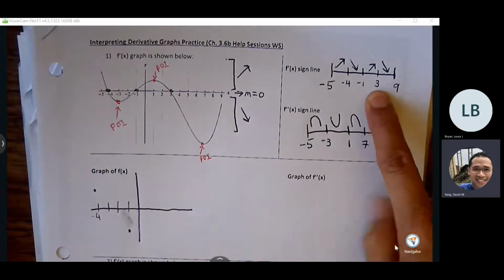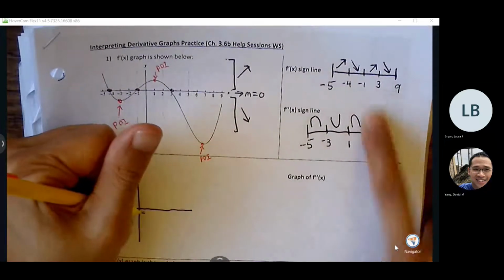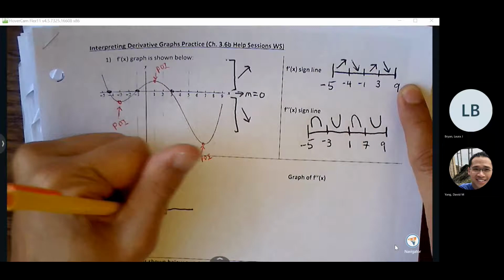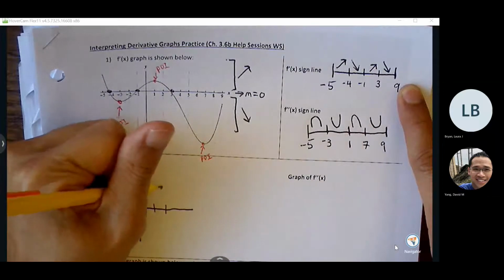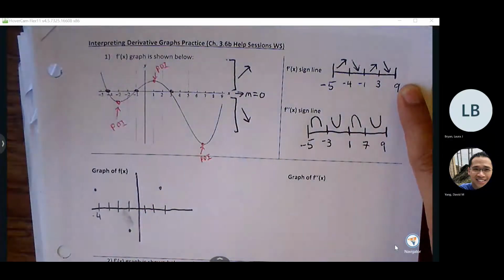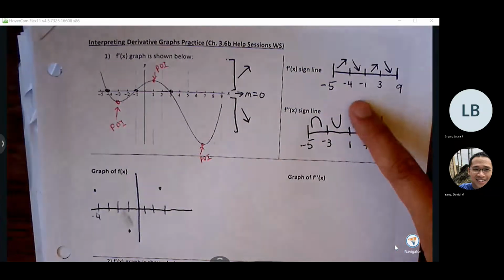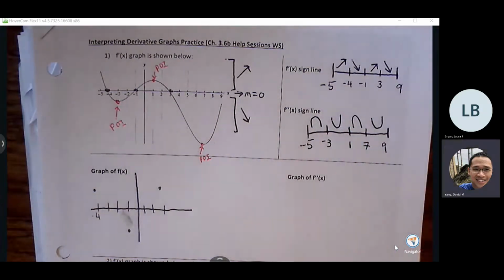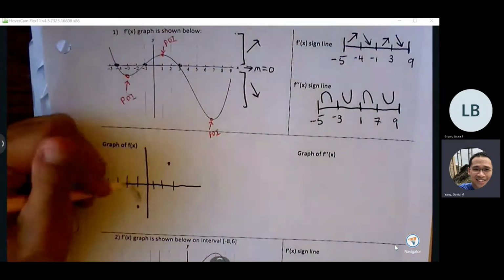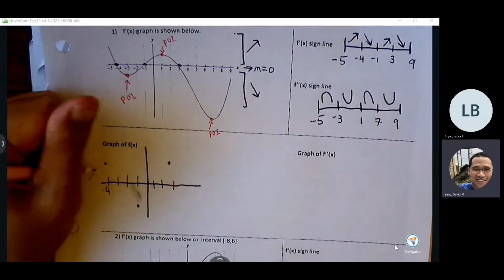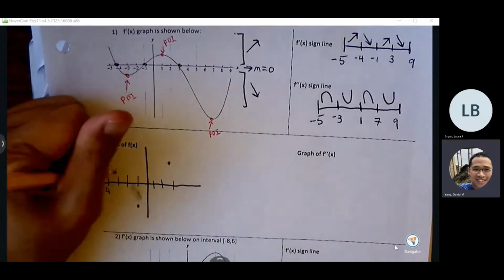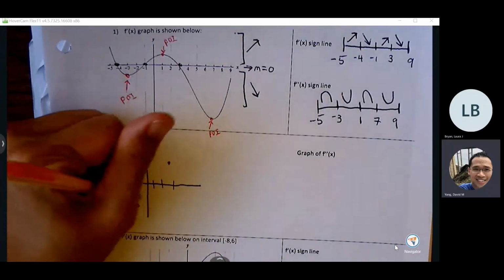And then at 3, I want a relative max. Good. One could be higher, one could be lower, but as long as we have a relative max, that's all we care about. So your graph may be higher or lower than mine, but it should have the same general shape.